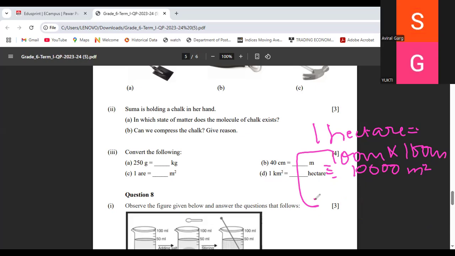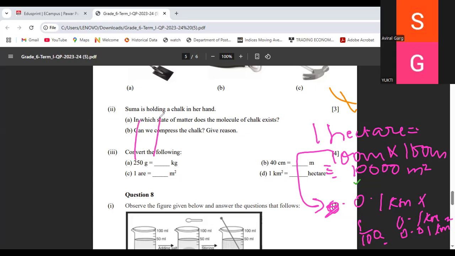But if we convert this, it would be 0.1 kilometer into 0.1 kilometer. It will be 0.01 kilometer square. Or we can also write it as 1 by 100 kilometer square. So we will interchange the signs. 1 hectare is equal to 1 upon 100 kilometer square.